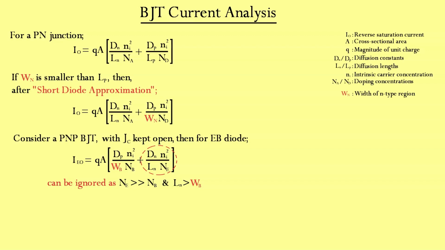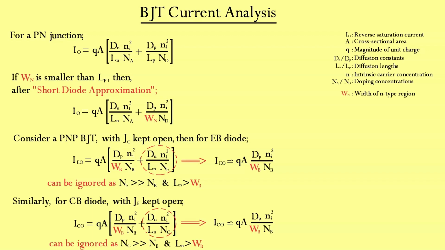Therefore, the reverse saturation current for the emitter-base diode can be approximated to the magnitude of charge on an electron multiplied by cross-sectional area into diffusion constant of holes multiplied by square of intrinsic carrier concentration divided by base width into doping concentration of base. Similarly, the reverse saturation current for the collector-base diode can be written as follows. Here also, we can ignore the second term because the collector concentration is significantly greater than the base concentration and also the diffusion length of free electrons is greater than the base width.